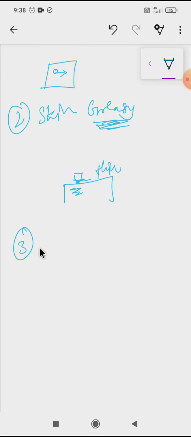Then the third is film friction. Here the two surfaces in contact are completely separated by lubricant, so there is no contact between the two sliding surfaces. There will always be a film, with no time where the film is not present.